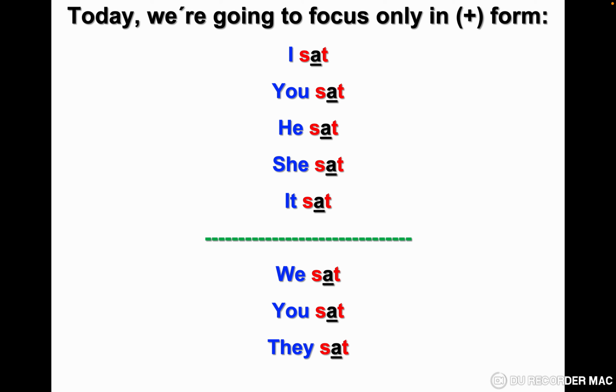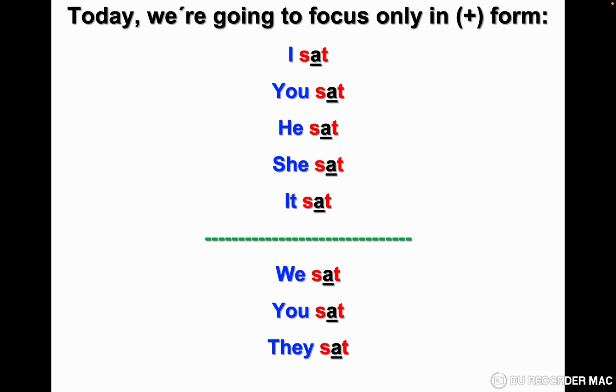Let's make it negative. Some students may write, I didn't sat. Is it correct? No, it's not correct. Because in the negative form, we don't have the past form of the verb. We have just the infinitive. So what is the correct negative form? I didn't sit.